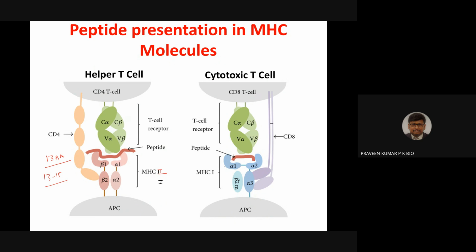And for cytotoxic T lymphocytes, because of the interacting patterns, if you see in MHC2, we have two different macroglobulin proteins, beta 1 and alpha 1. Because of two different macroglobulin proteins, we have to design a large peptide covering from outside to inside. But here, in the MHC1 structure, you can see alpha 1 and alpha 2 are subunits of one macroglobulin.